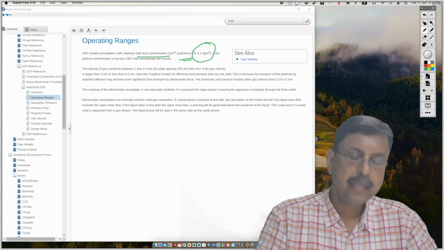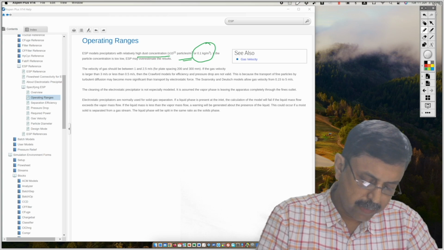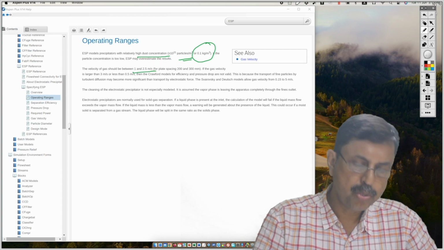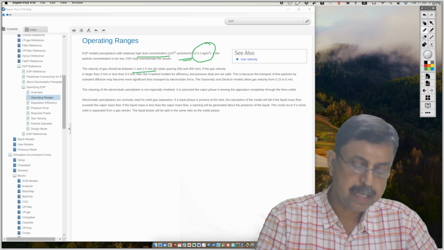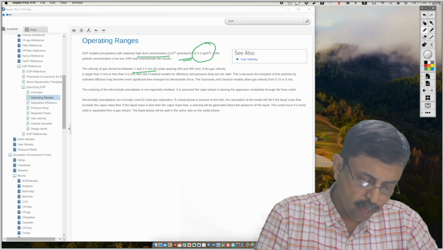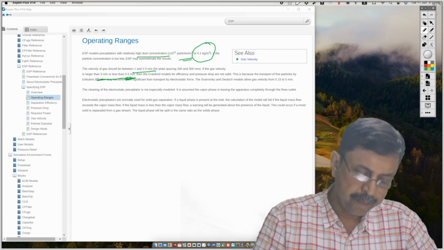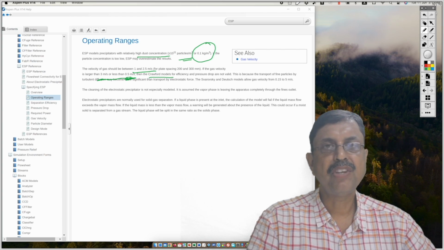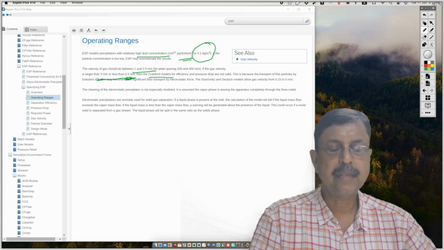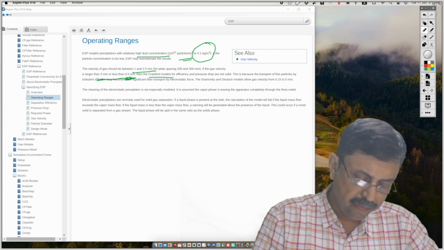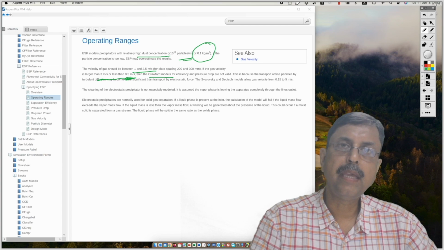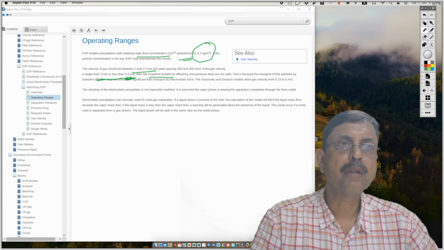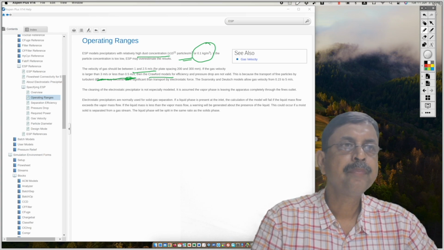Usually, the gas velocity should be between 1 and 2.5 meters per second. If it is more than 3 meters per second or less than 0.5 meters per second, then the Crawford model, which is one of the efficiency models that we will learn later, will not be accurate for pressure drop calculation and efficiency.